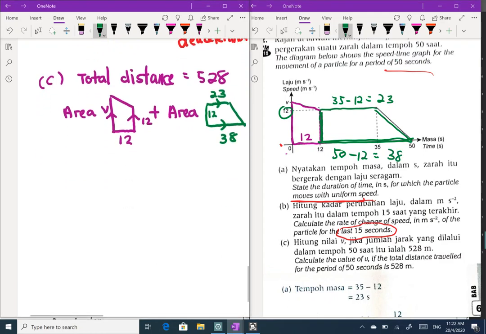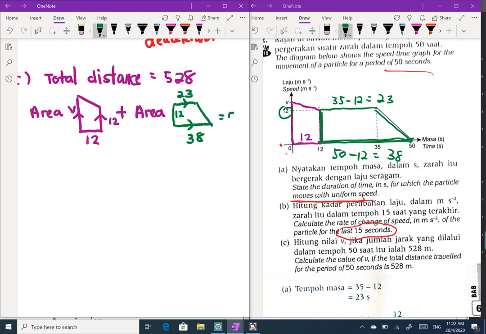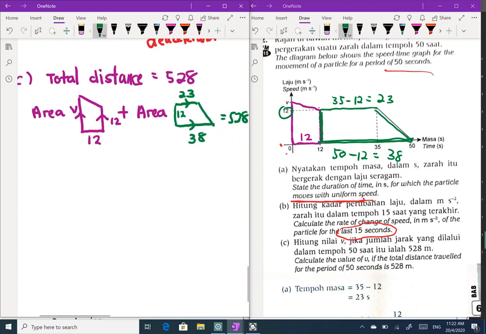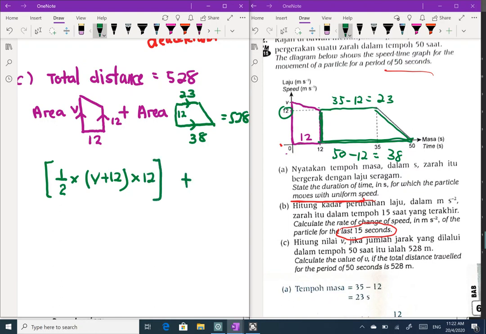So now we calculate the area. Area of a trapezium is 1 over 2 times the parallel lines, V plus 12, times 12, plus the green color one, 1 over 2 times parallel lines 23 plus 38 times the height 12, is equal to 528.